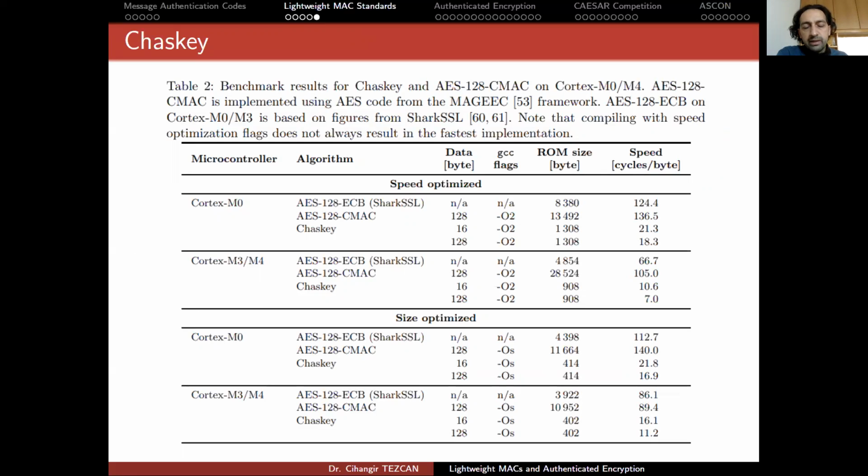Here they are comparing their algorithm, CSEC, with AES in ECB and CMAC modes on different microcontrollers, which are 32-bit microcontrollers. So they show that in terms of speed, CSEC is really good and requires little memory, let's say.